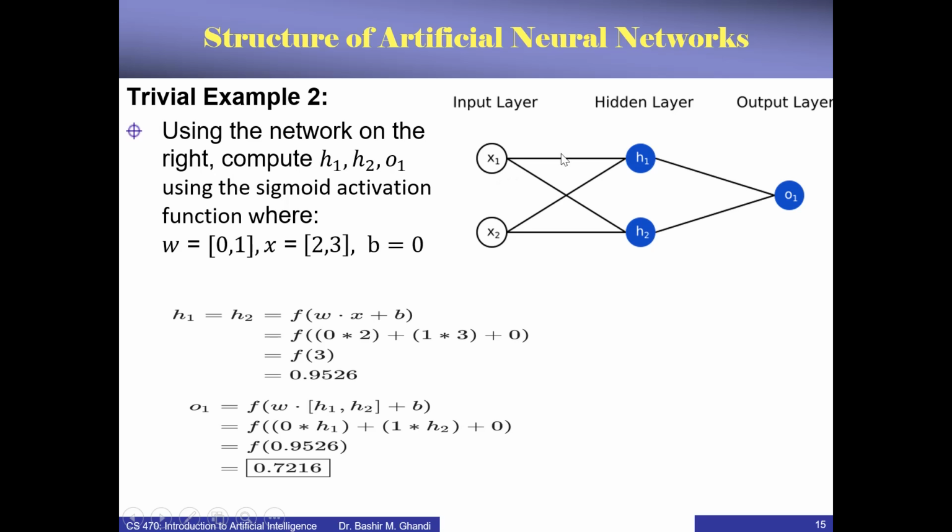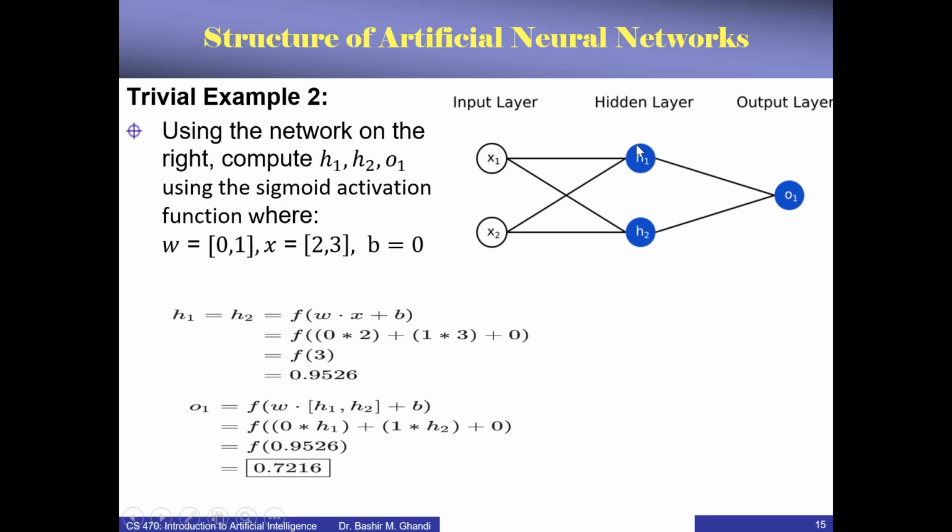So the same weights, as you can see, are used in computing H1. Similarly, the same weights are going to be used in computing H2, and that's why the two H's are equal. Okay, it may not be the same in practice. You may have different weights depending on which neuron you are going into. But this is a trivial example, so we are taking them to be the same.